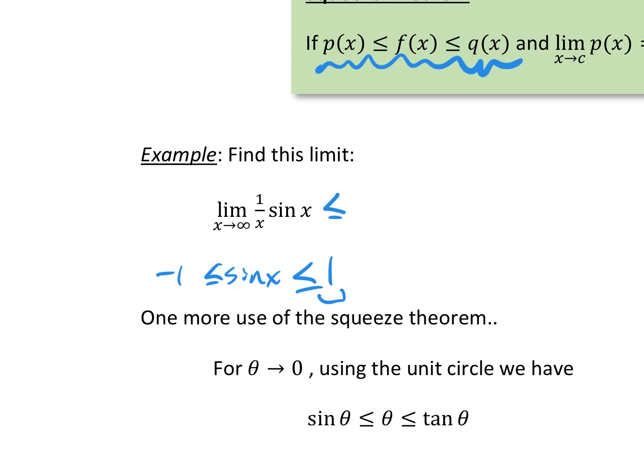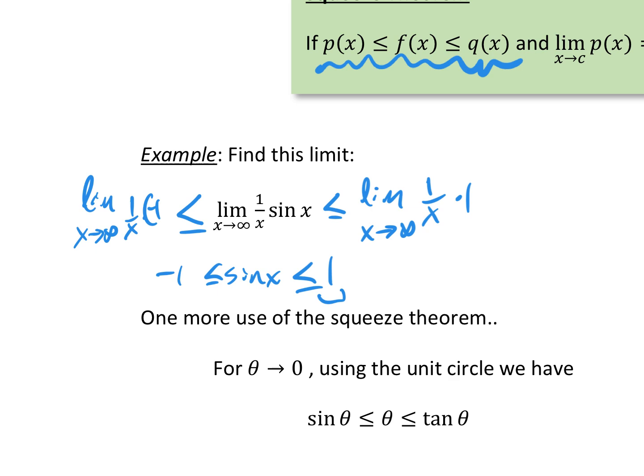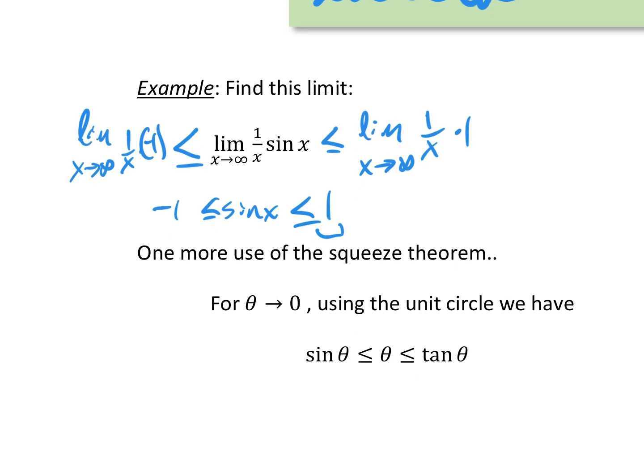So then our expression becomes the limit as x goes to infinity of 1 over x times 1, which is obviously just 1 over x. And we know that this is greater than the limit as x goes to infinity of 1 over x times negative 1, or negative 1 over x. Okay?